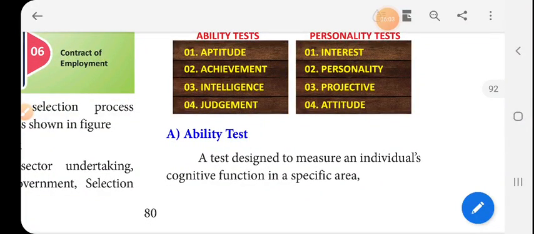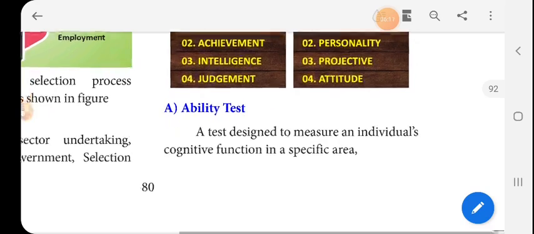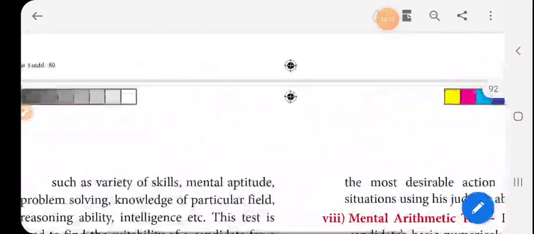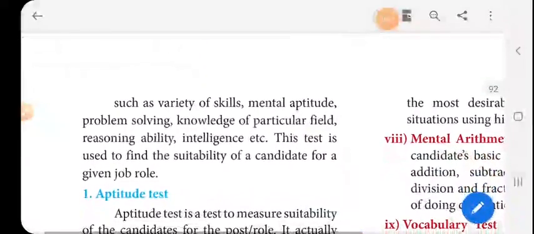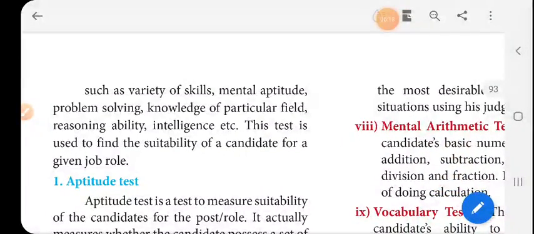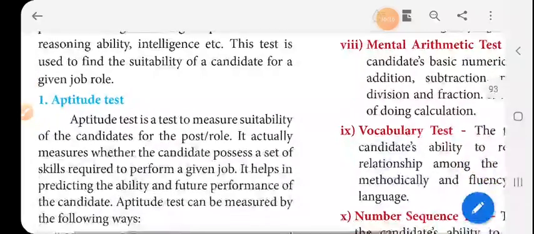A test designed to measure an individual's cognitive function. Cognitive means to check their intelligence. That is the aptitude test. There are various types of aptitude tests. First one, aptitude. An aptitude test is a test to measure the suitability of the candidate for the post or role.